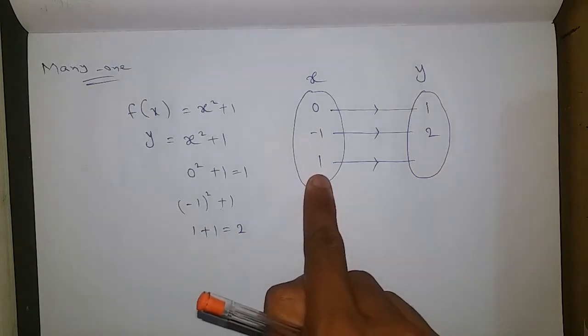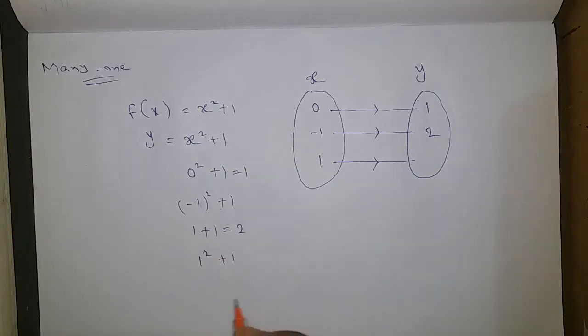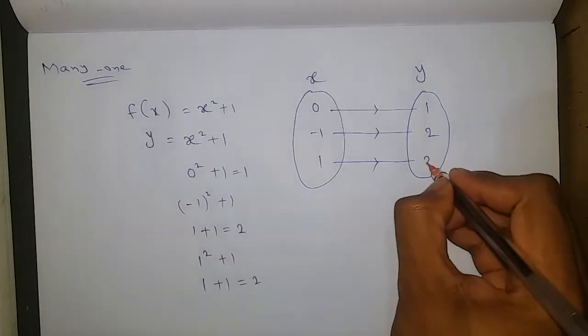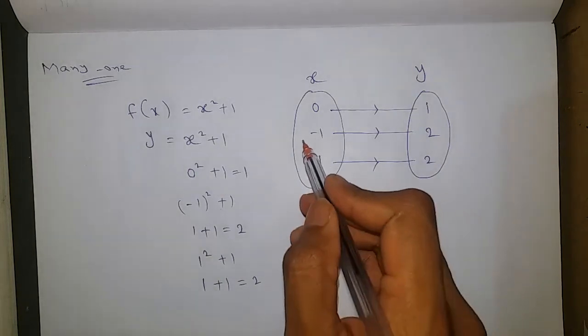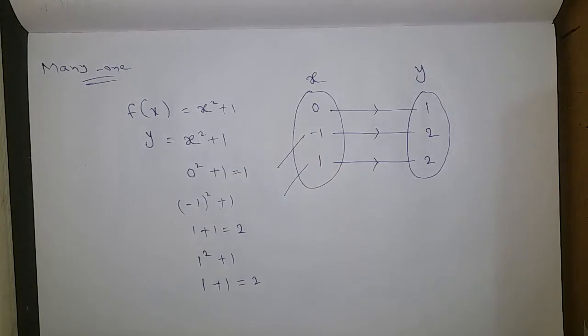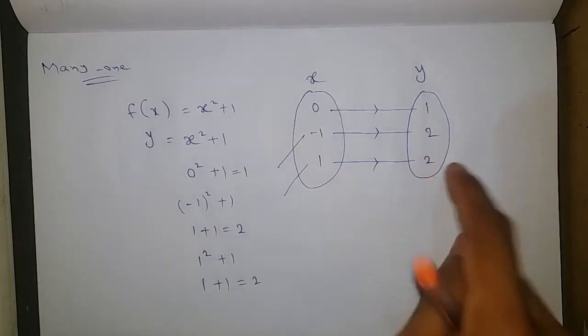Now I will substitute plus 1. In the place of x, plus 1. 1 square plus 1. 1 square, 1, plus 1, 2. Now if we observe this, these two elements from the set A have the same image, 2.